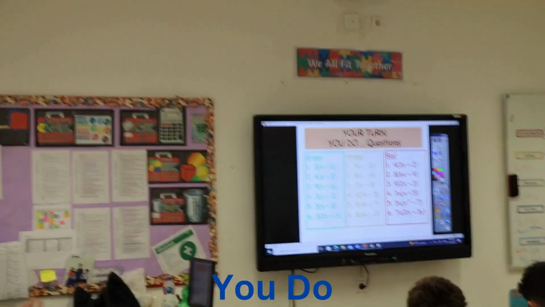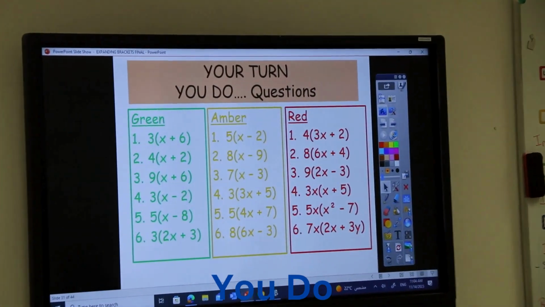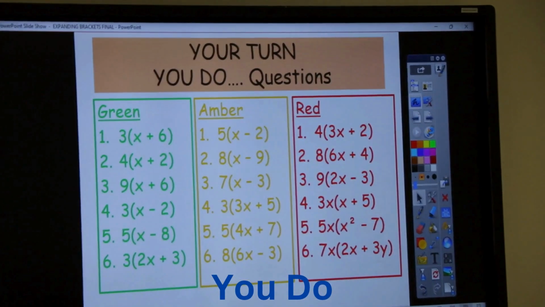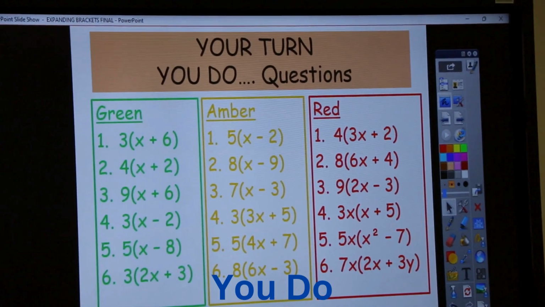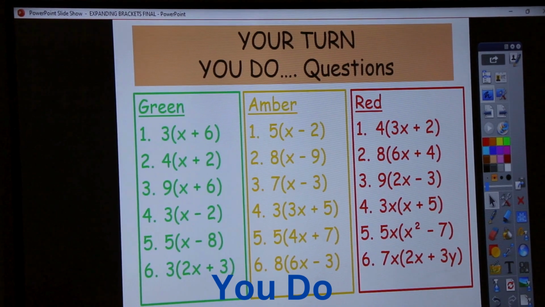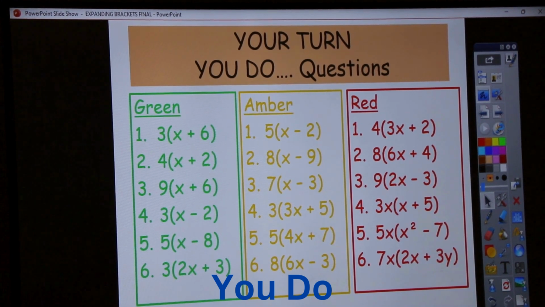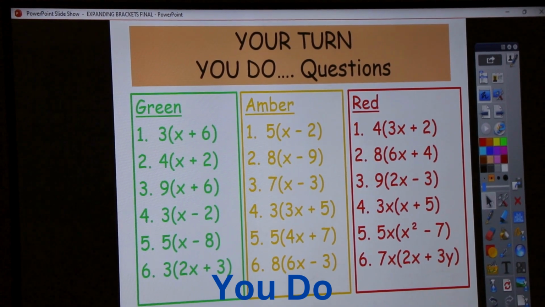Anyone done with the green? Perfect. Now we can go to the upper level. Are you done with the green? Excellent. Now you can move to the amber.